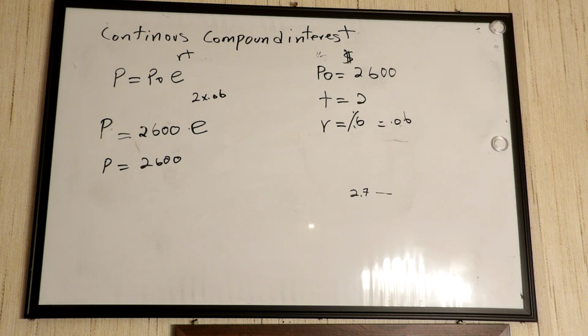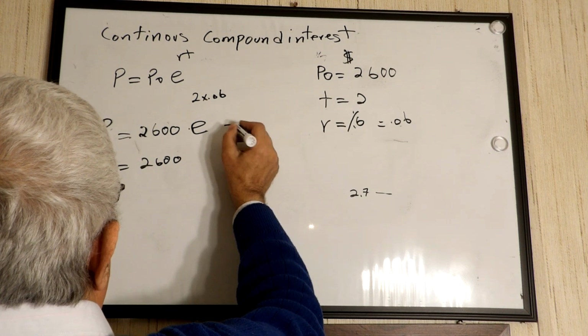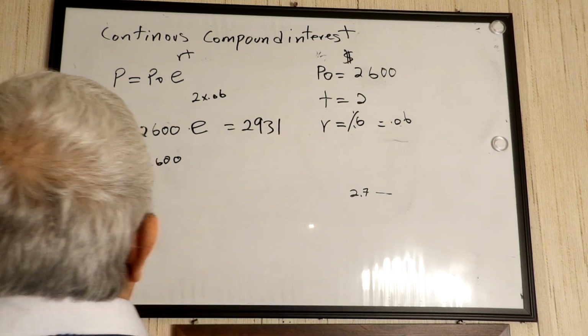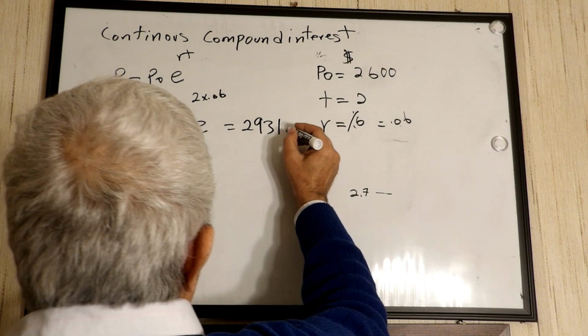So we are going to find out what 2,600 times e to the power of 2 times 0.06 is. It's 2,931, with about 49 cents.